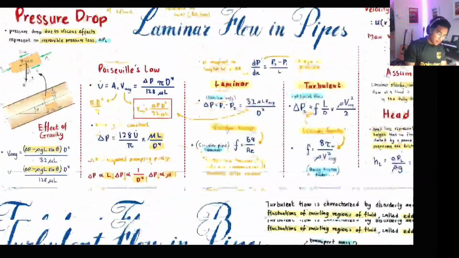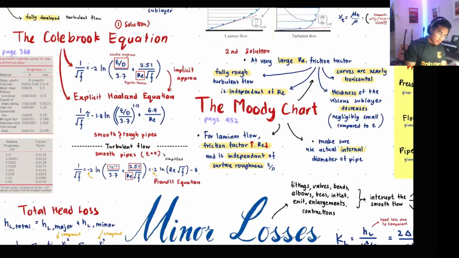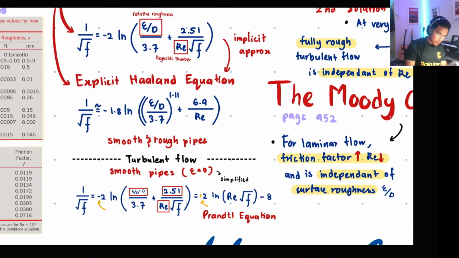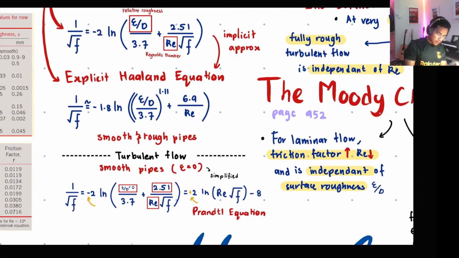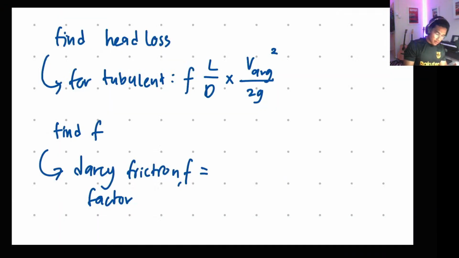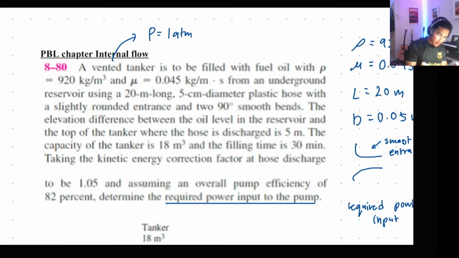So what we do is we use the Colebrook equation or the explicit Haaland equation. Okay, is it a smooth pipe, guys? Does it say it is a smooth pipe? Plastic hose. Plastic is smooth.